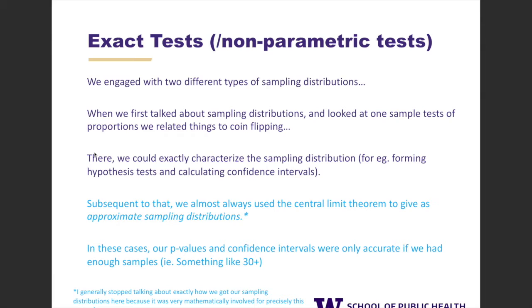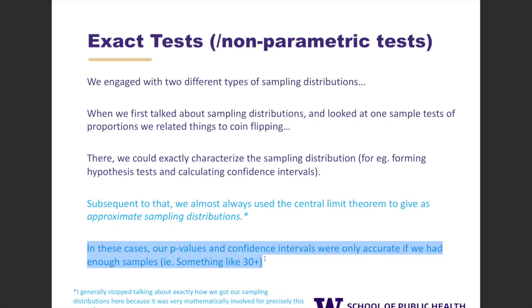The key point, though, is that when we were using approximate sampling distributions, we had to say that the p-values and the confidence intervals from these t-tests are only accurate if we have enough samples for the central limit theorem to kick in, right?